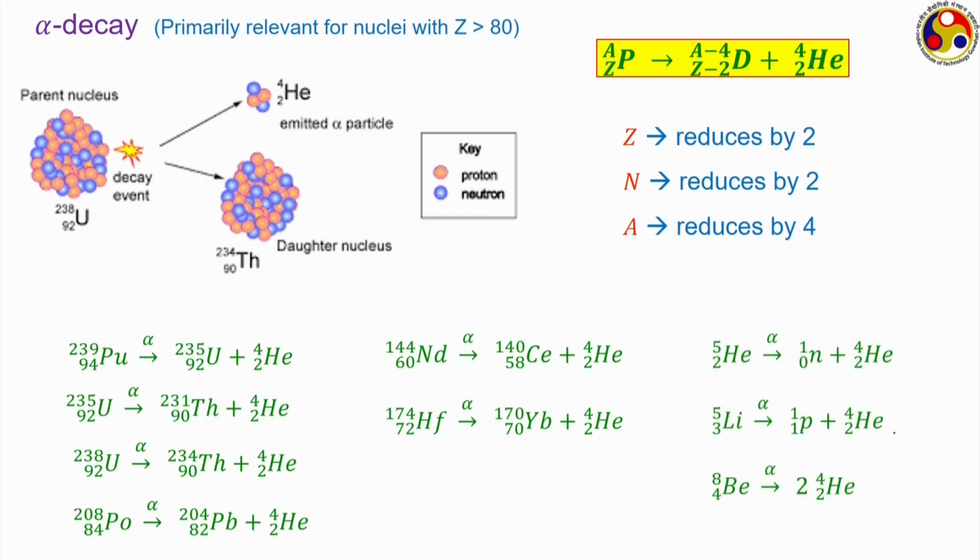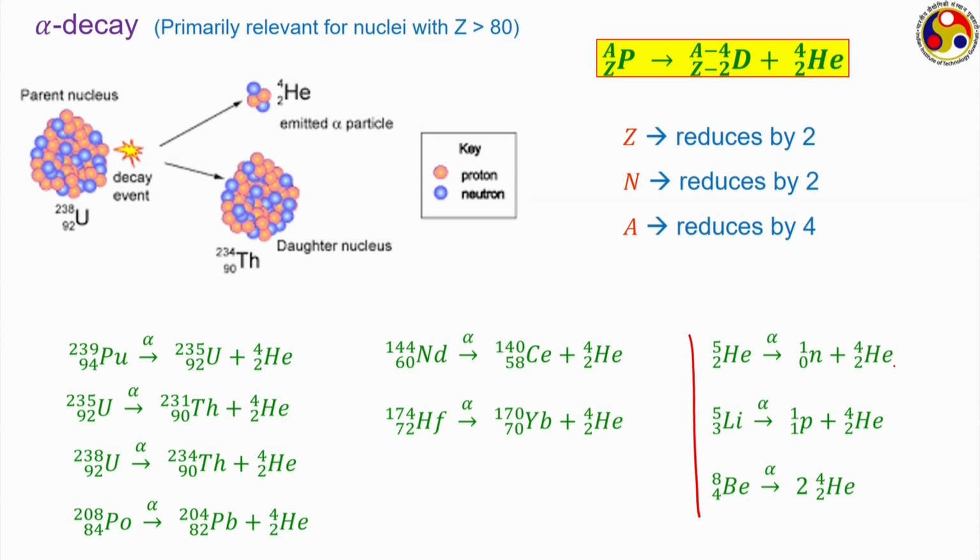And some very interesting examples in this particular group are for extremely light isotopes, which are generally not associated with alpha decay. The first one is another isotope of helium itself, helium 5, which can release one neutron and thereby get converted to a helium 4 isotope. So, we can visualize this in either way.